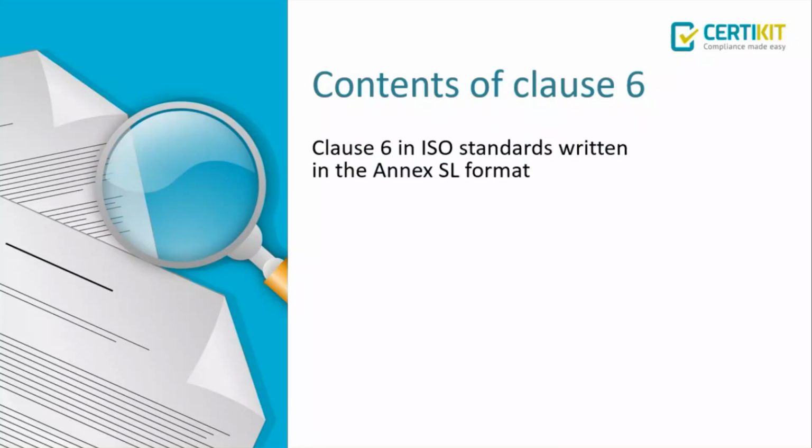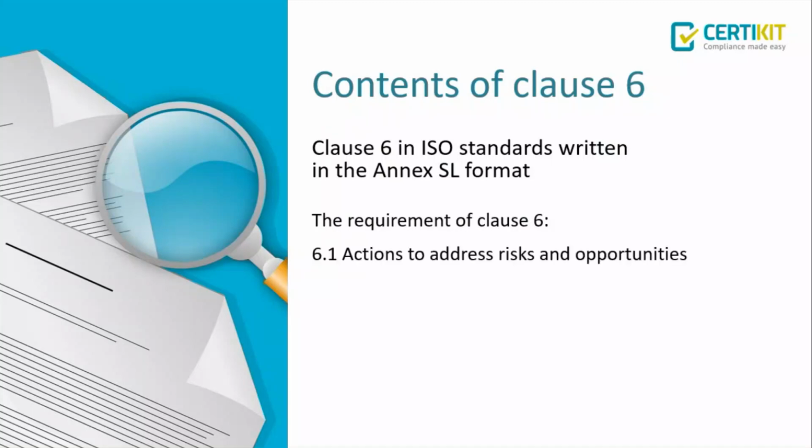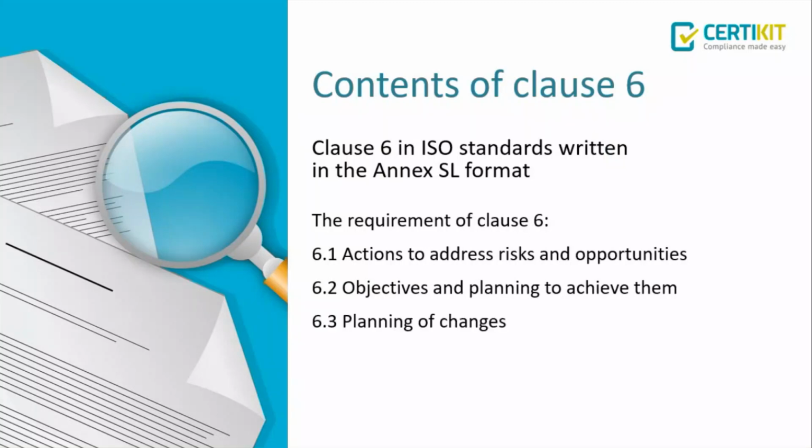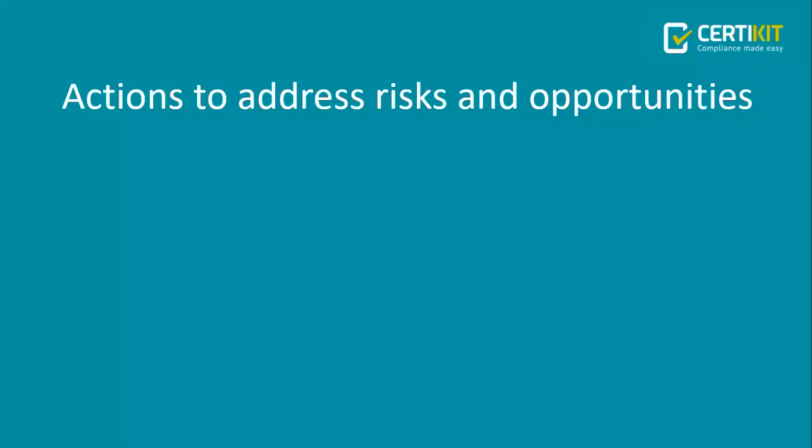But generically, what we find within the ISO standards that are written in the Annex SL format are actions to address risk and opportunity, objectives and planning to achieve them, and planning of changes. So you'll see these three in every Clause 6 in all the main ISO standards written within the Annex SL format. So let's look at each one in a bit more depth.